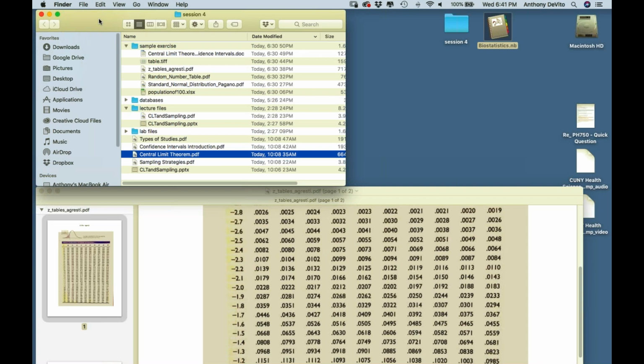That's a good thing. The other thing is that, based on the variability of the population and the sample size, we can also predict how variable those sample means are going to be. In other words, if the mean of all the samples is 100, how likely is it that a single sample would be a lot lower than 100, or a lot higher than 100?